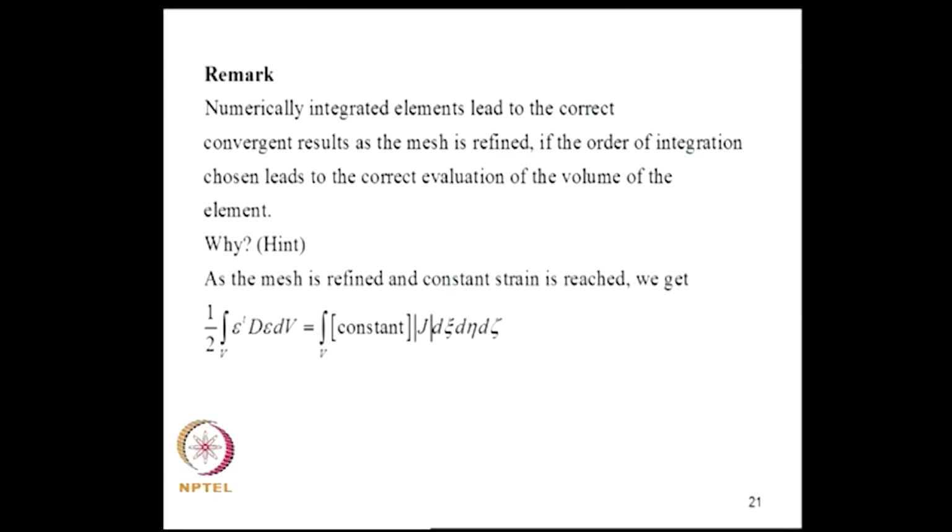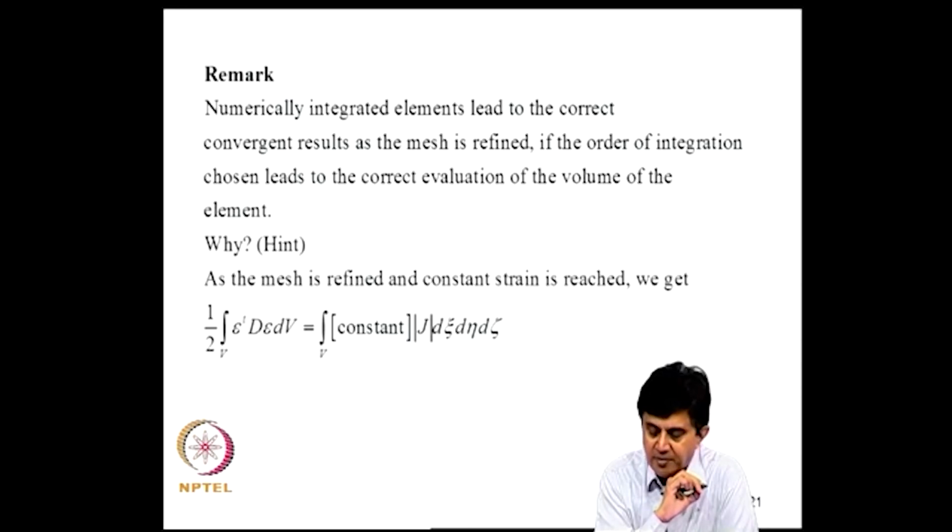Now, one more remark that can be made in the same context: these numerically integrated elements lead to the correct convergent results as the mesh is refined if the order of integration chosen leads to the correct evaluation of the volume of the element. Why is that so?